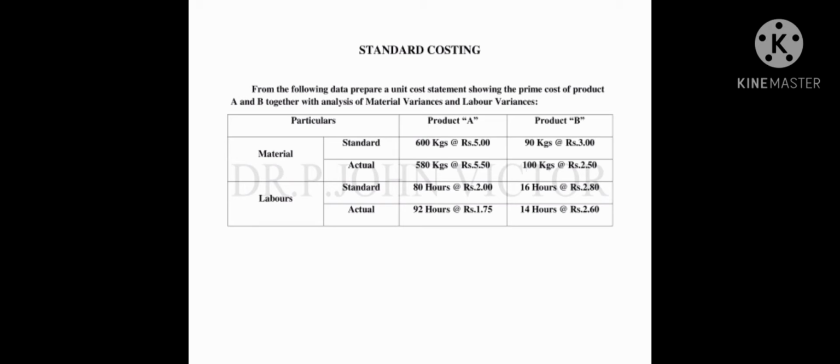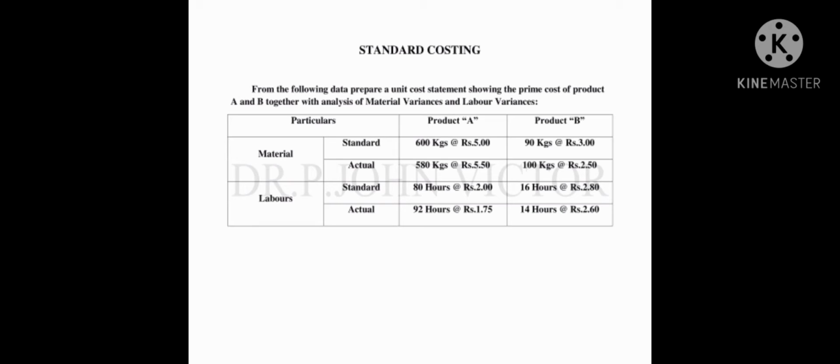For material there is standard value and actual value, for labor there is standard value and actual value. By using this we have to do the variance analysis. There is material variance and labor variance.